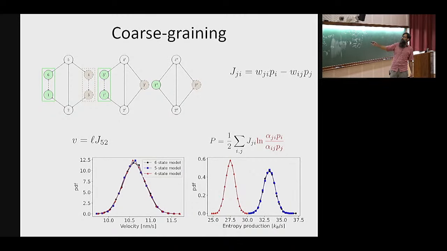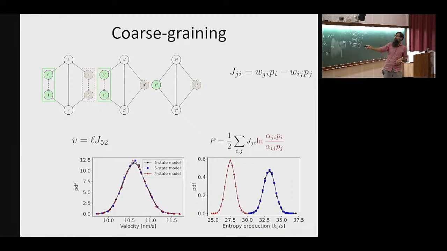Okay, if this is 1 on the right-hand side, then we have detailed balance. This is basically the deviation from detailed balance, which corresponds to the chemical potential difference for the individual step.